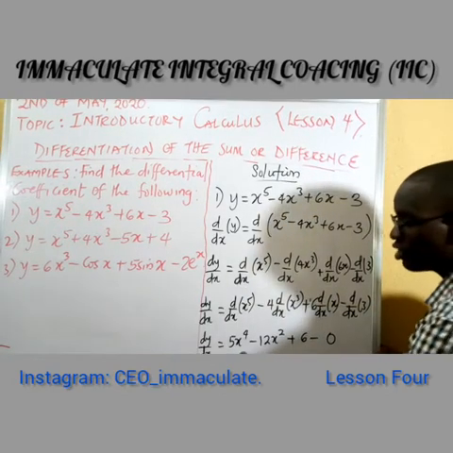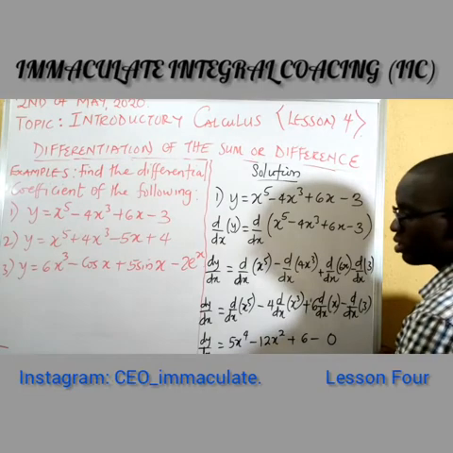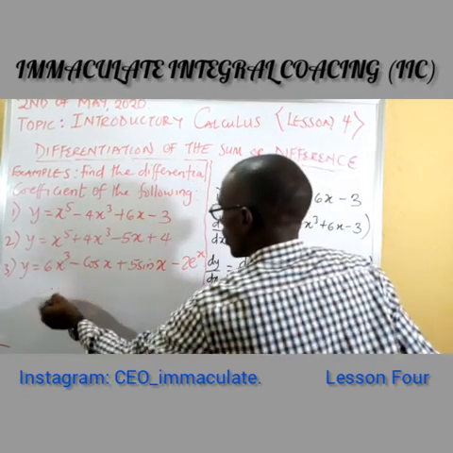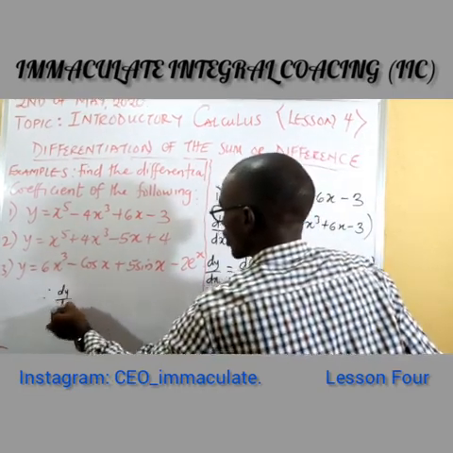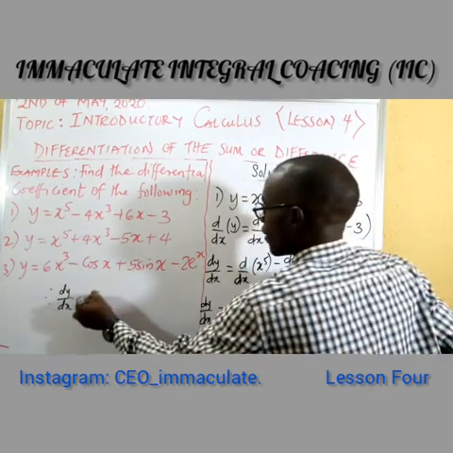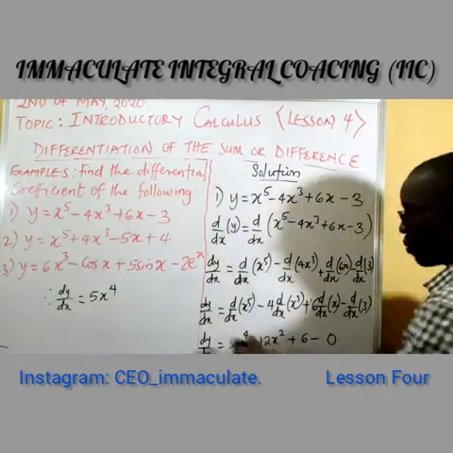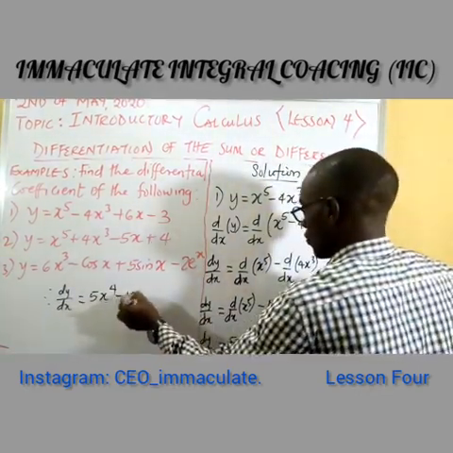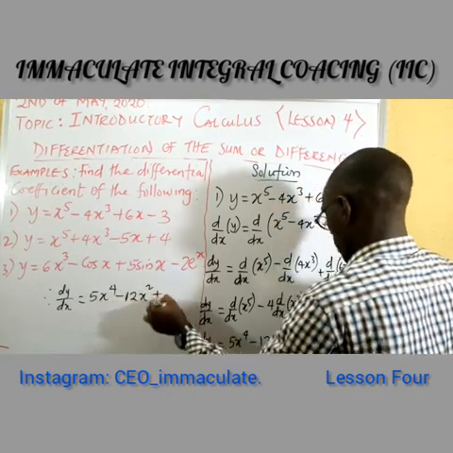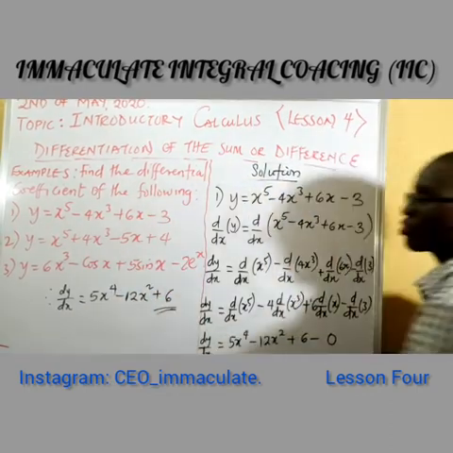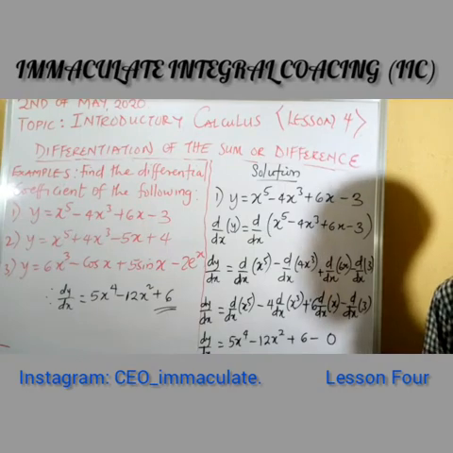Let's tidy this up. Therefore, dy/dx equals 5x to the power 4 minus 12x squared plus 6. This is our final answer.